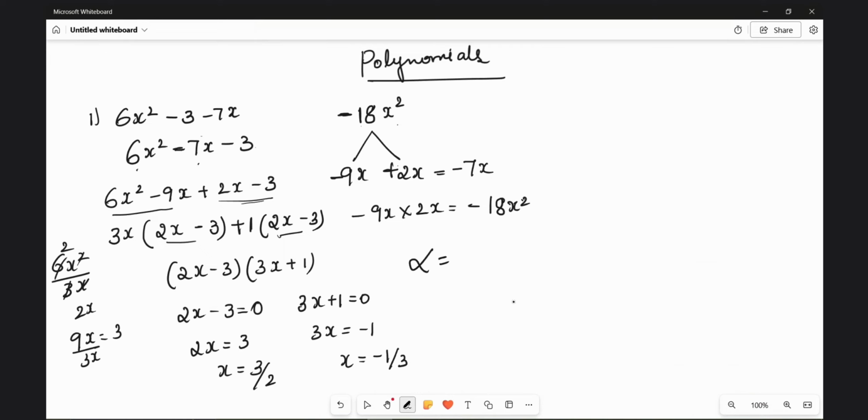One is alpha. Alpha is equal to 3 by 2. Other is beta, that is minus 1 by 3.